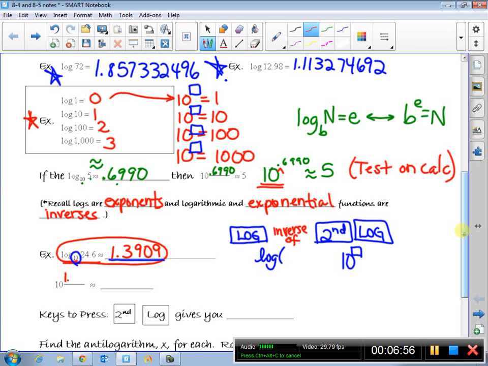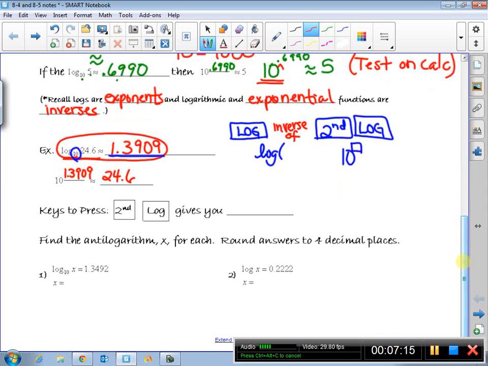So 10 to the 1.3909 should be approximately 24.6. And go ahead and try that. Maybe hit second log, 1.3909. And sure enough, 24.598, and you're set. So when you hit second log, you get 10 to the, and it sets you up for an exponent. Mine actually is blinking right up there like that.